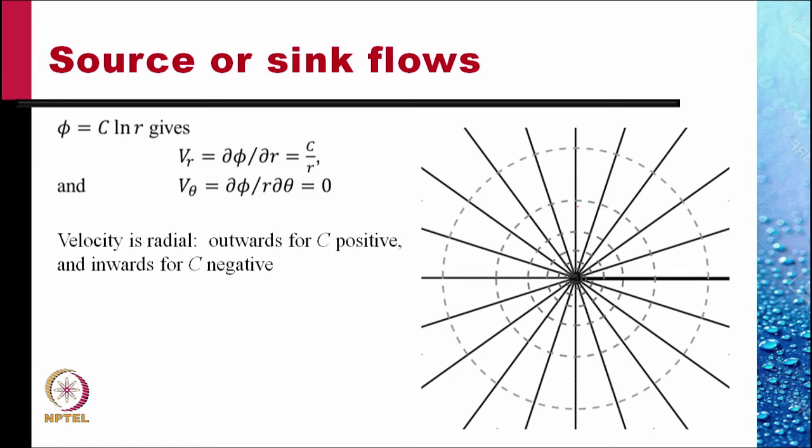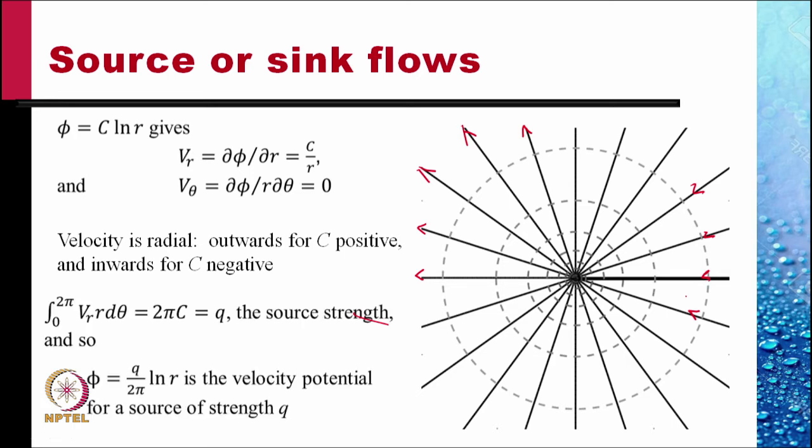So velocity is radial outwards for c positive and inwards for c negative. So the velocity vectors are like these. For source flow, when c is positive, and inwards if c is negative.